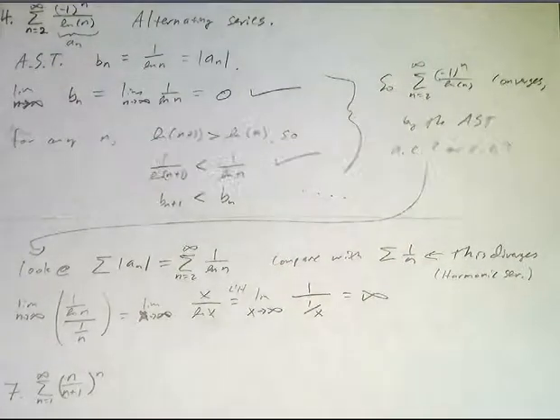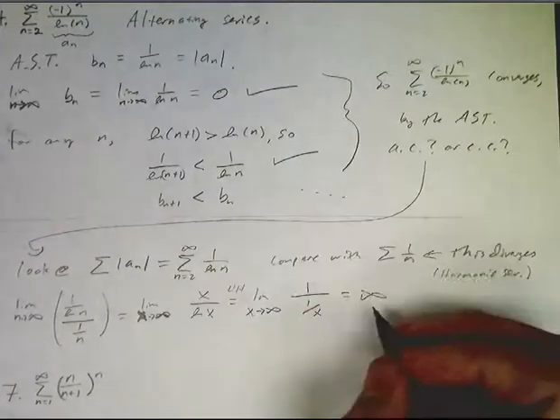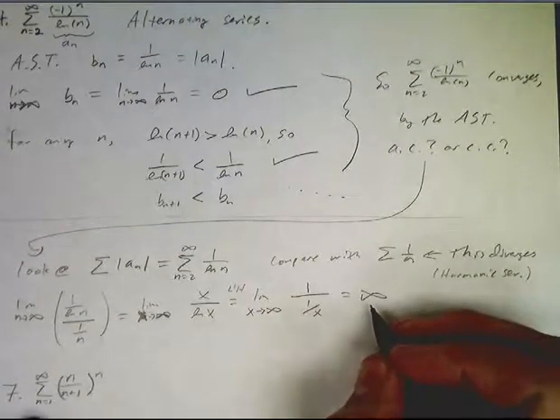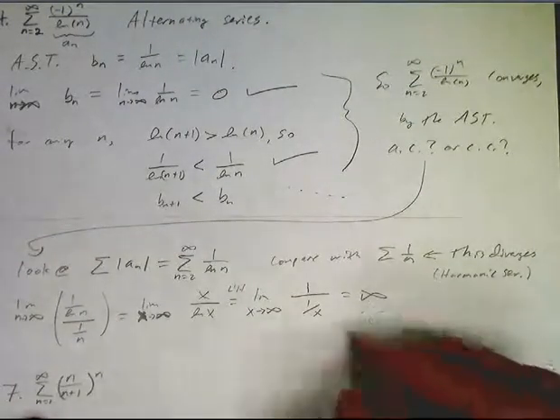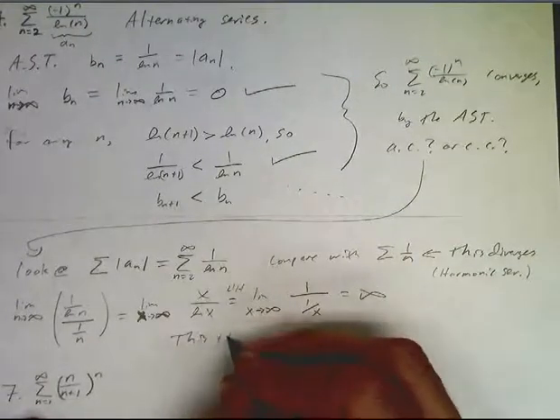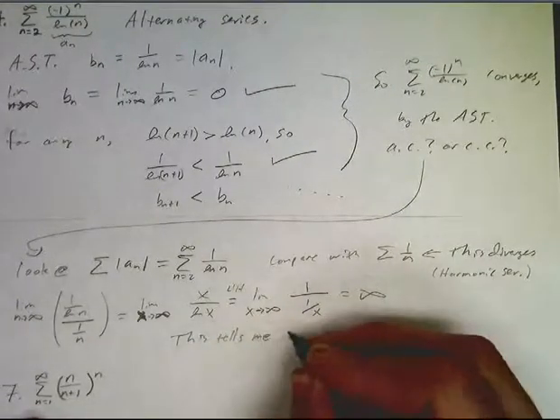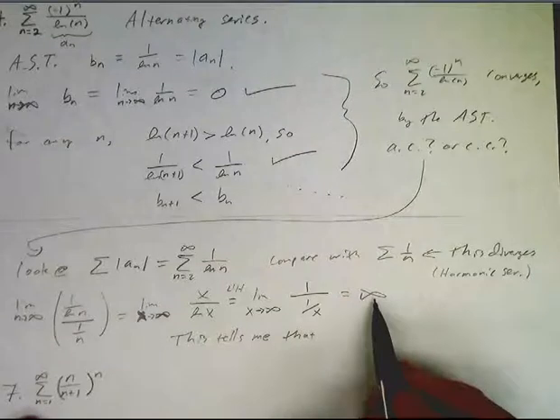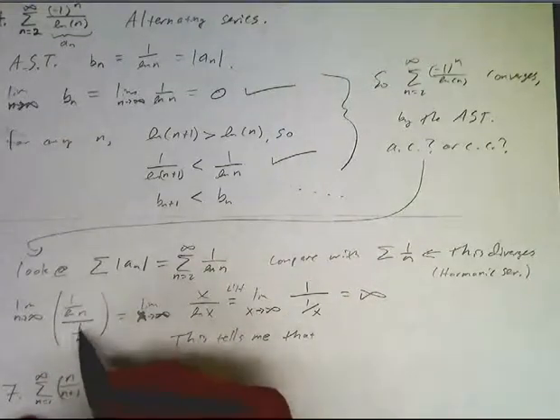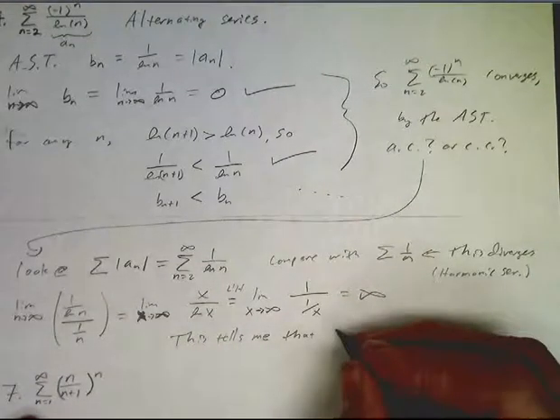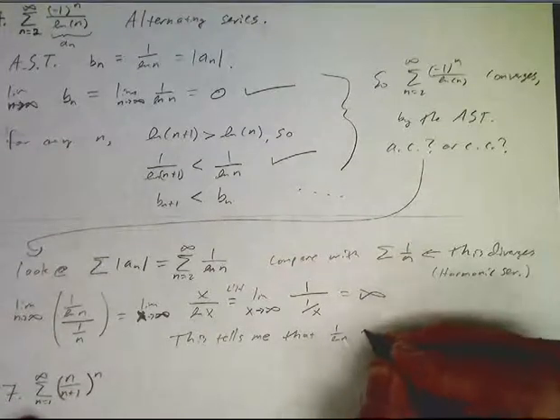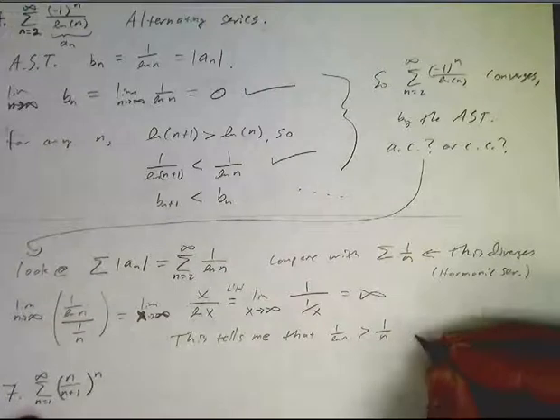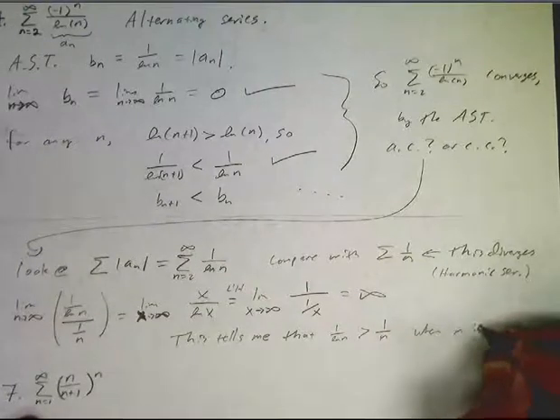Well, that's not good news as far as the limit comparison test, but what this actually tells me is, I have a fraction here, and the limit of my fraction was infinity. That tells me that the top is bigger than the bottom as long as n is big enough. So the top is bigger than the bottom when n is big.